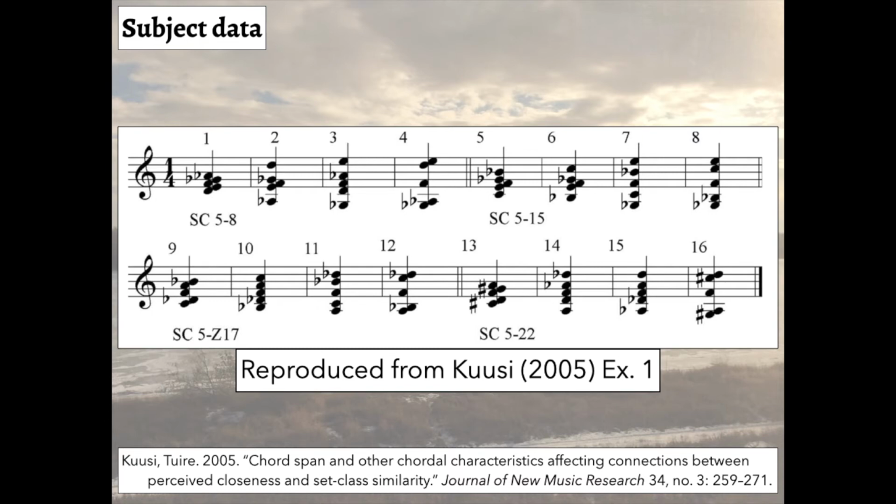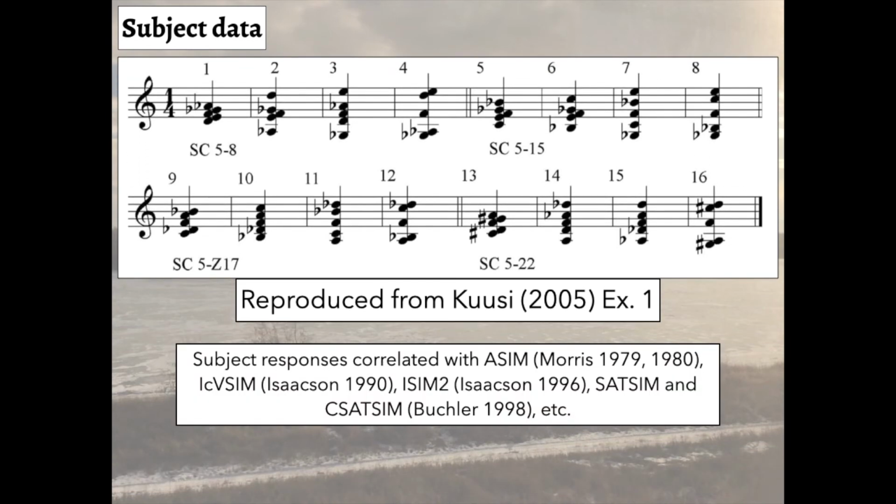The study used both musically trained and less trained subjects, but since the trained subjects were more consistent, we'll restrict our discussion to trained subject responses. Kuzi then compared subject ratings to set class similarity measures, including ASIM, ICV-SIM, ISIM2, SAT-SIM, CSAT-SIM, etc., and found that correlations between the two were rather low, peaking at R equals 0.43 for CSAT-SIM.